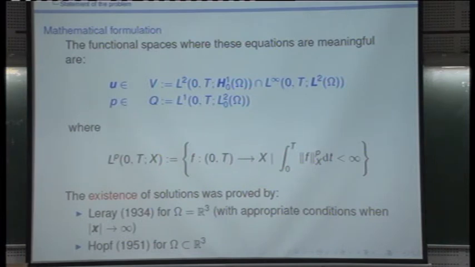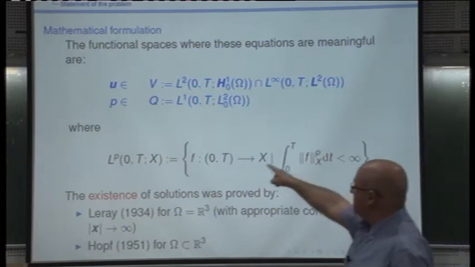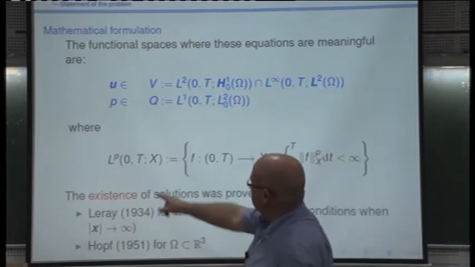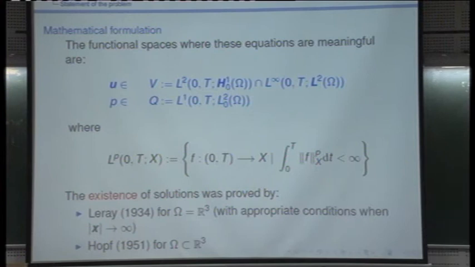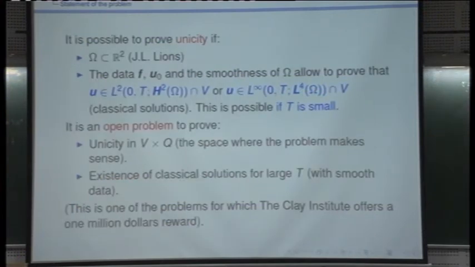So the solution to that problem exists in those spaces. That's a nice, good starting point. What about uniqueness? In R2, the solution is unique.